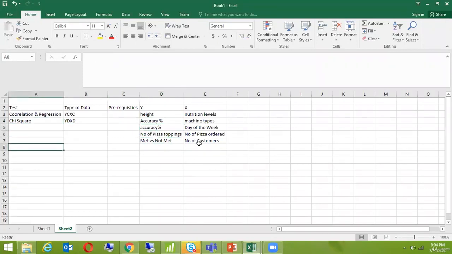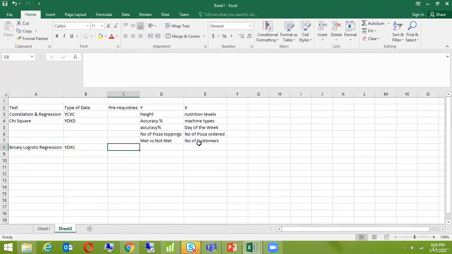Now if my Y is discrete and X is continuous, then I will do a test called binary logistic regression. Binary logistic regression is a test that I'll do if my Y is discrete and X is continuous.